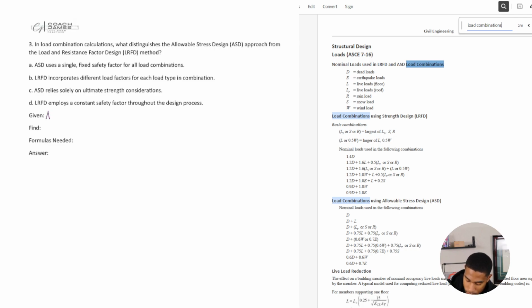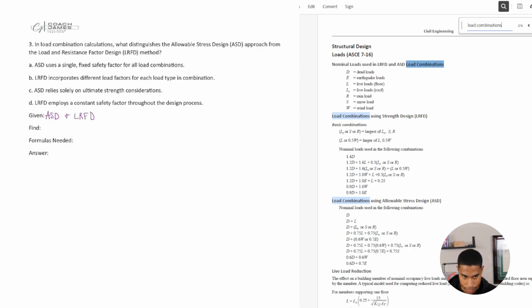We're given the ASD method, the allowable stress design, and we're given the LRFD method, or the load and resistance factor design method.